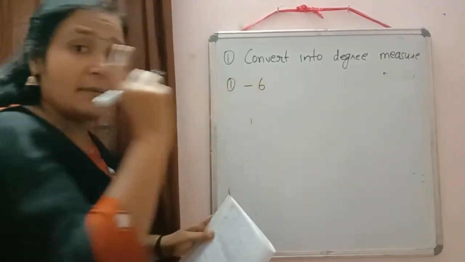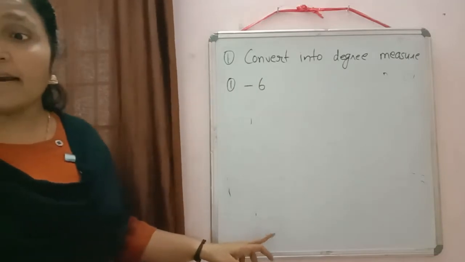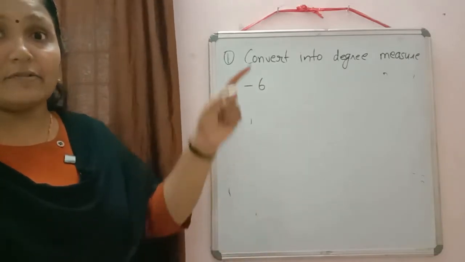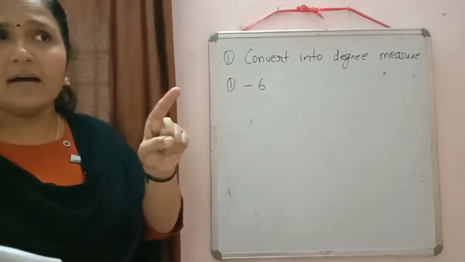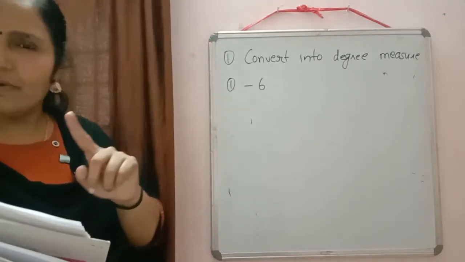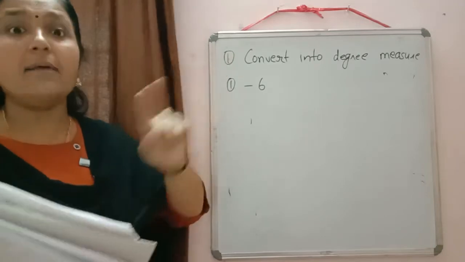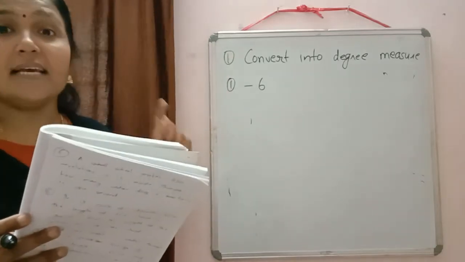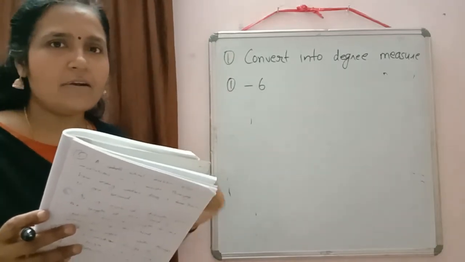In the previous one, our angle was given negative, so write down negative there. We got the answer minus 28 pi by 135, because our question is negative.